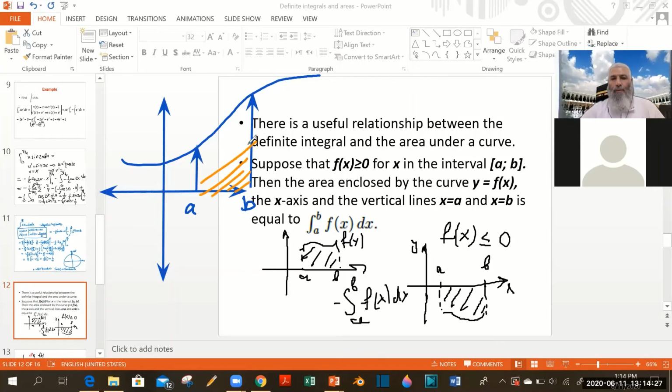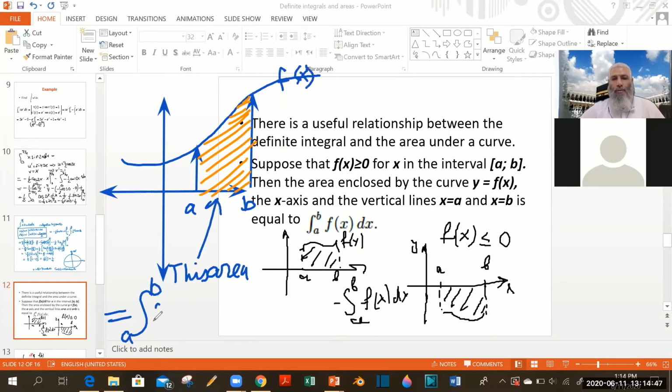This is the integration from A to B of f of x dx.